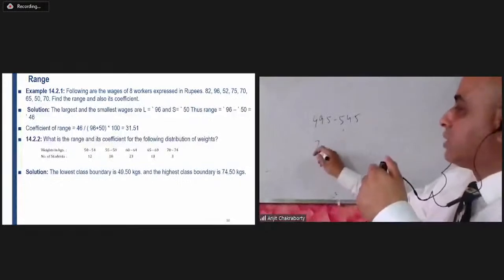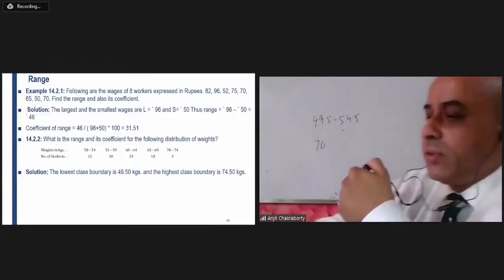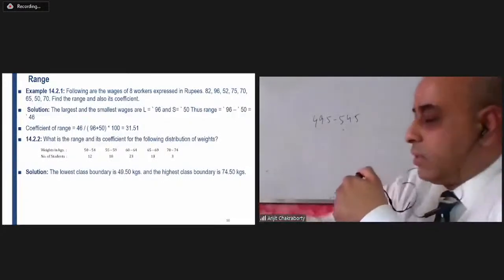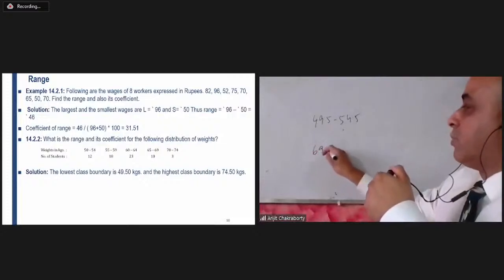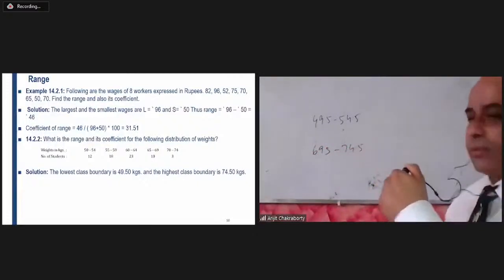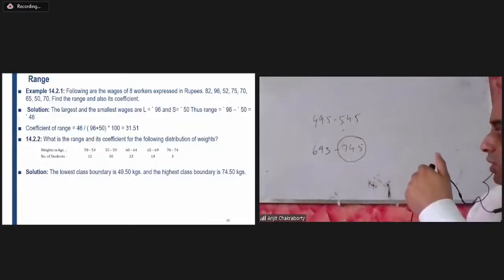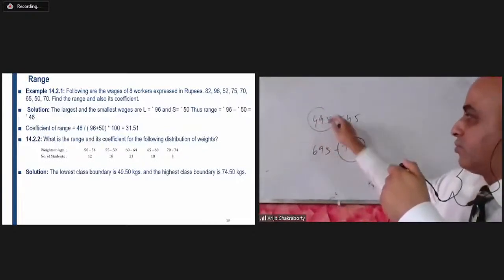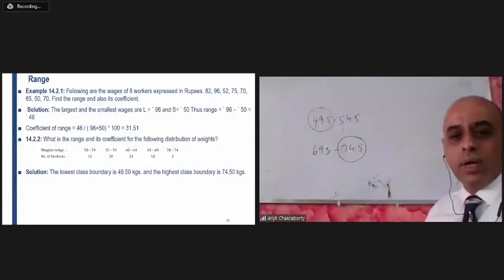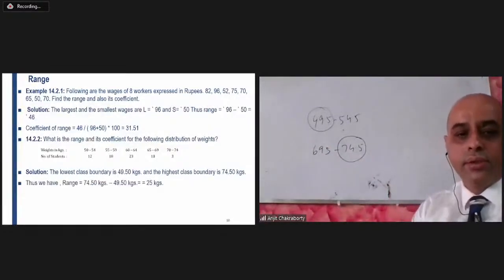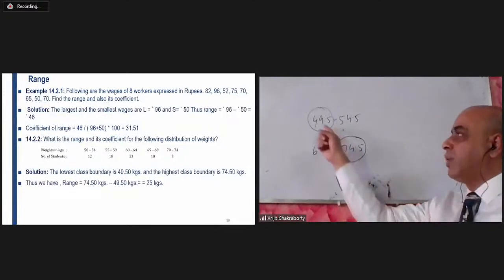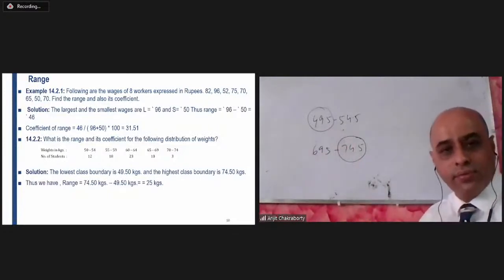So I will write it, instead of 70, I will put it as 69.5 to 74.5. So therefore, the highest number is 74.5 and the lowest is 49.5. So I will just subtract. So range 74.5 minus 49.5, that is 25 kgs.